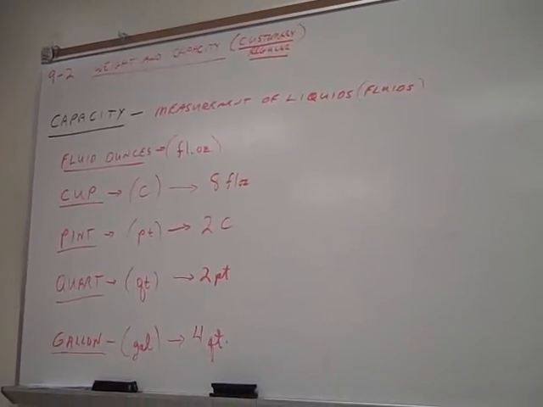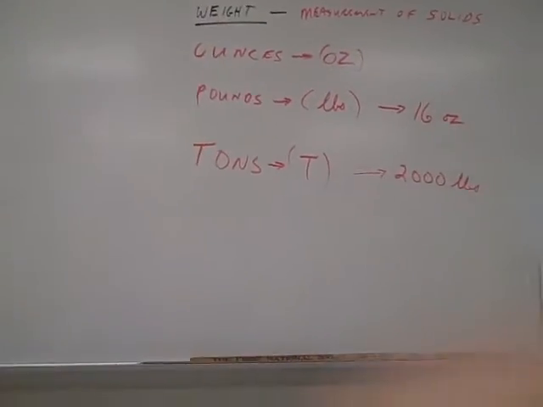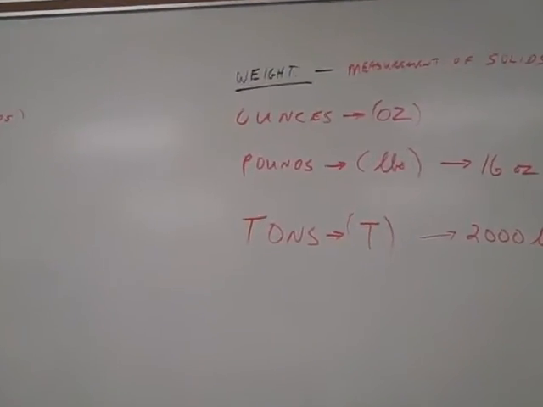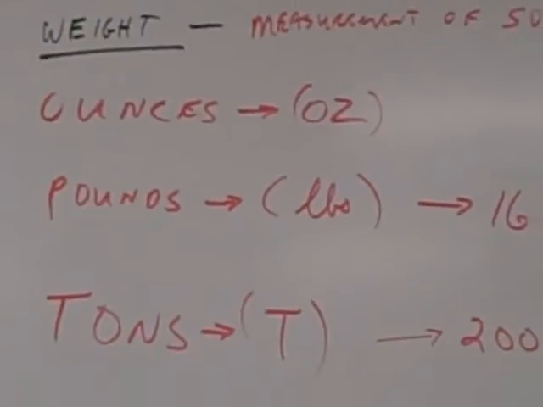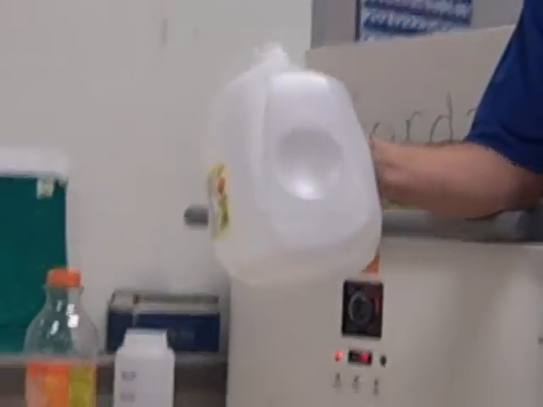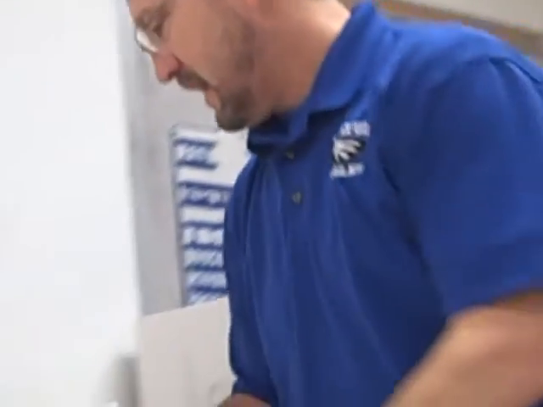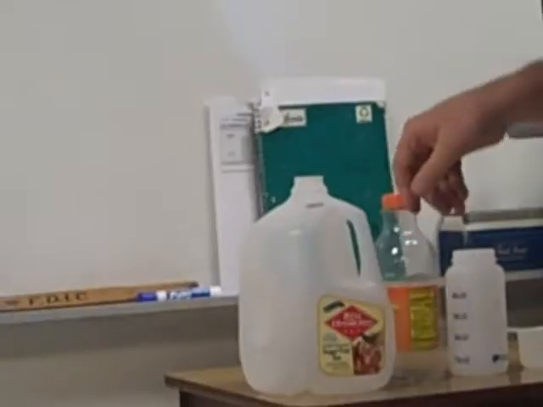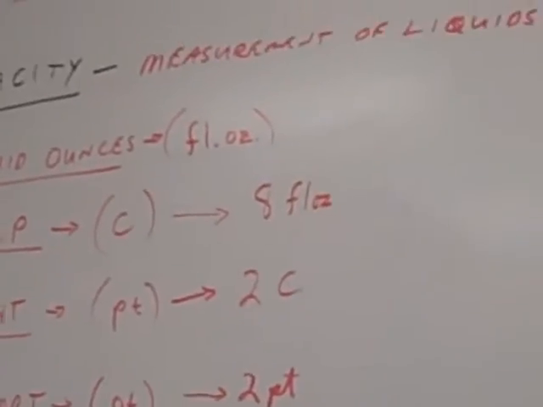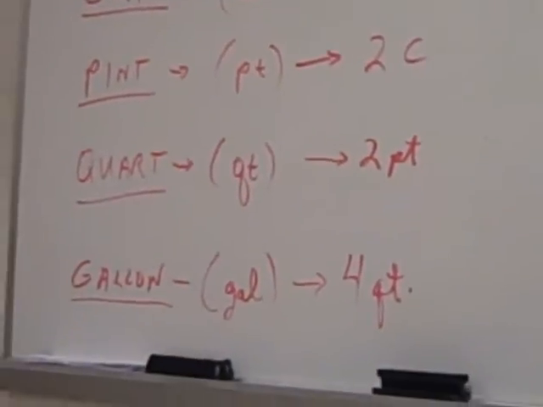Or we may have a whole bunch of gallons of acid, but when we in chemistry need ounces, we've got to be able to pour it out and know how many ounces we got from a gallon. So we've got to be able to move up and down these charts. And you do it mathematically, and the mathematical process is multiply and divide. But we've got to figure out which one goes with which.